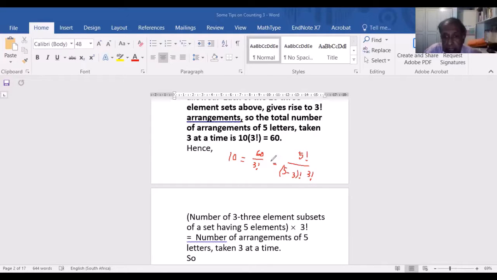So I can create this 10 by using only 5 and 3. If you calculate this, you'll get that, as we saw. That leads us to something quite revealing. It tells us how you can solve this problem in general.